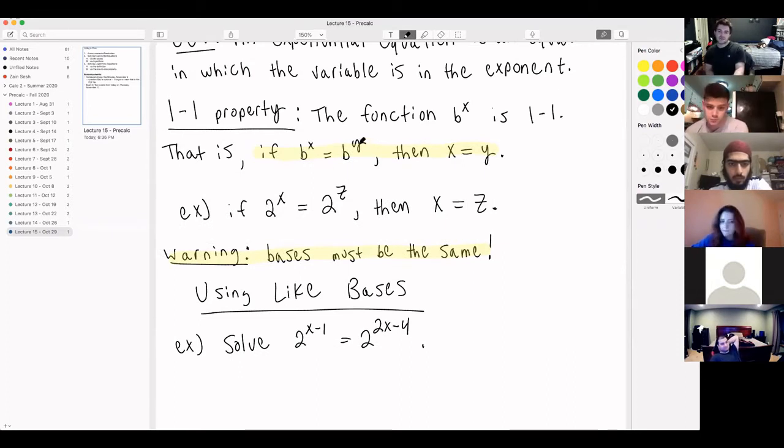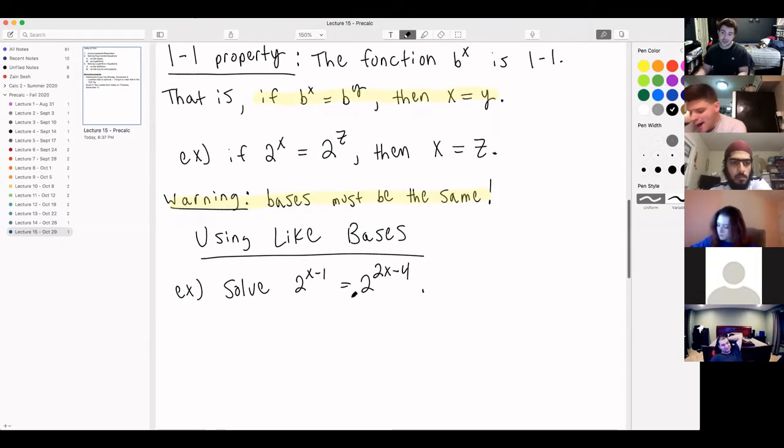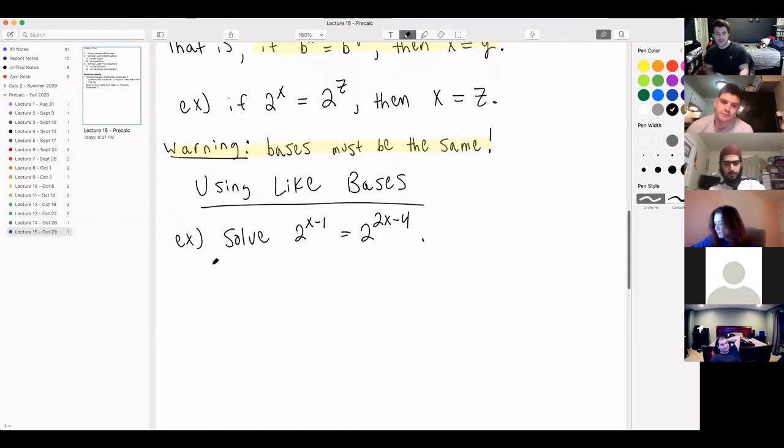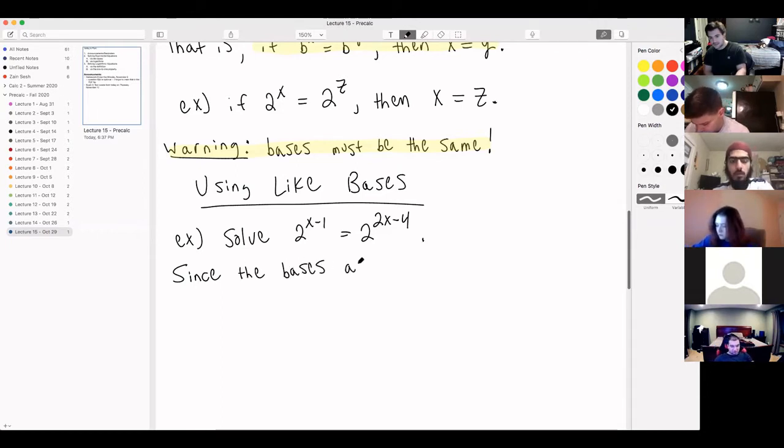If b to the x equals b to the y, which we have, 2 to the something equals 2 to the something else, we know that the exponents themselves are equal. All right, so let me just write that very quickly. Since the bases are the same, what can we do?